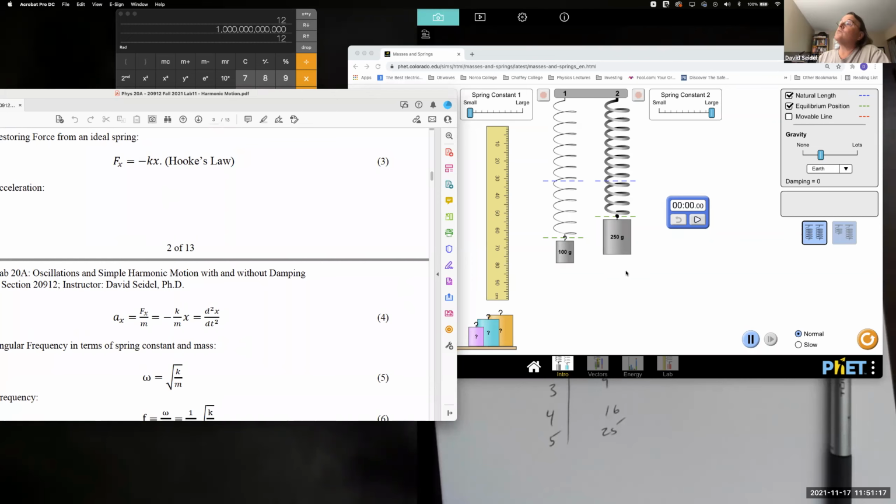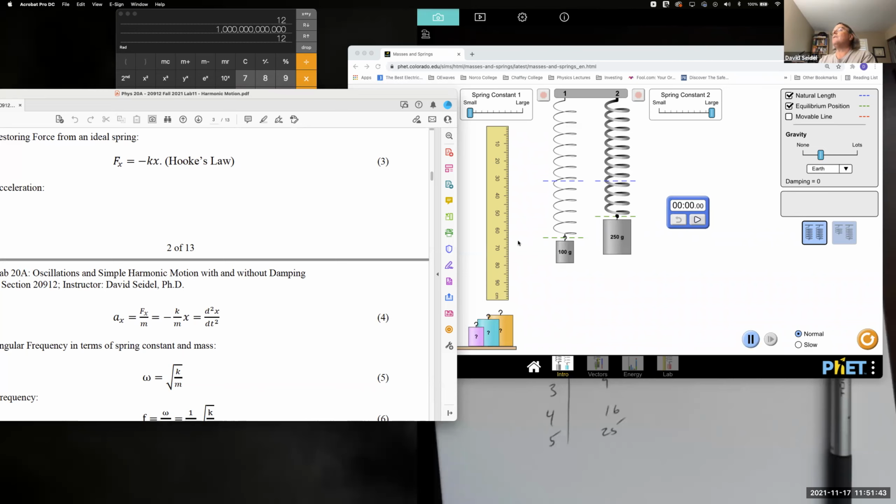That's part of the force. What's the force? So here's my 250 grams. That's part of it, mg. Force downward equals mg. So the force upward is kx. We know what mg is.